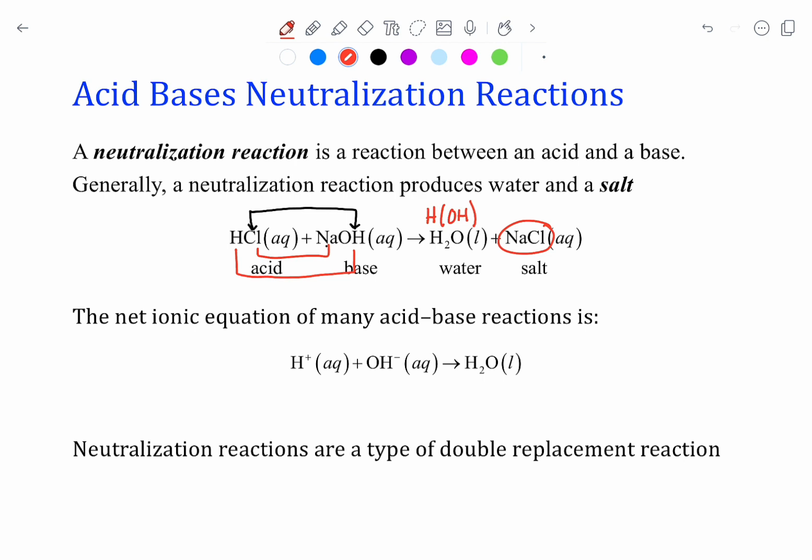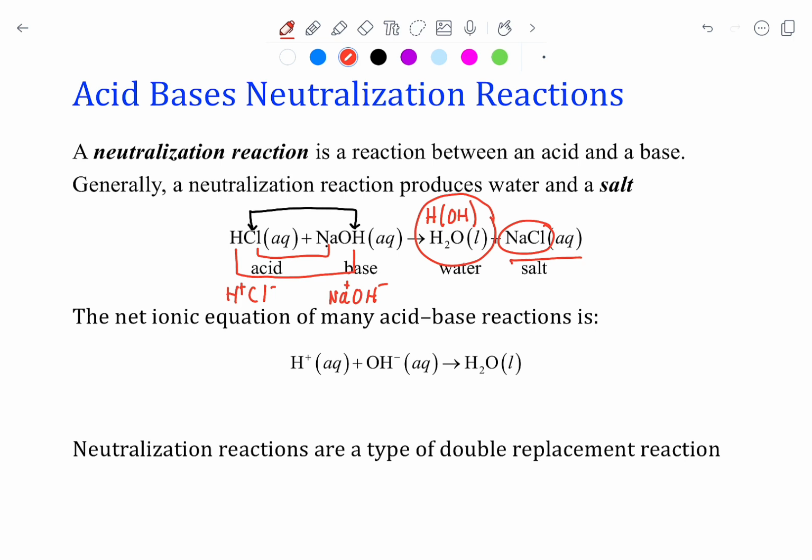So because this is a double replacement reaction, and we have H plus ions and Cl minus ions floating around, as well as Na plus and OH minus ions, we can write ionic and net ionic equations for these reactions, just like we did with precipitation reactions. Here, the aqueous product is still going to be our spectator ions, but instead of forming a precipitate, we're forming liquid water.